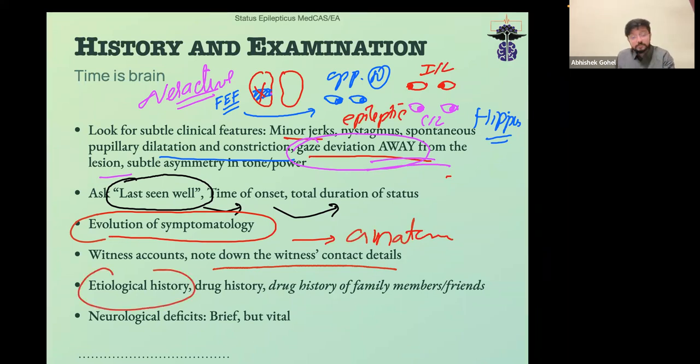The most important aspect, which is frequently overlooked in the casualty setup, is drug history, not of the patient but of the family members and the friends. Suppose a person comes with just unresponsiveness. It is highly rewarding if you ask about the drug history of family members or the roommates, people staying with the patient.